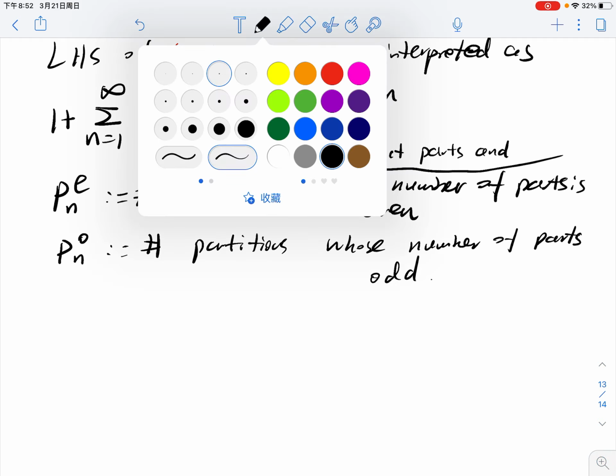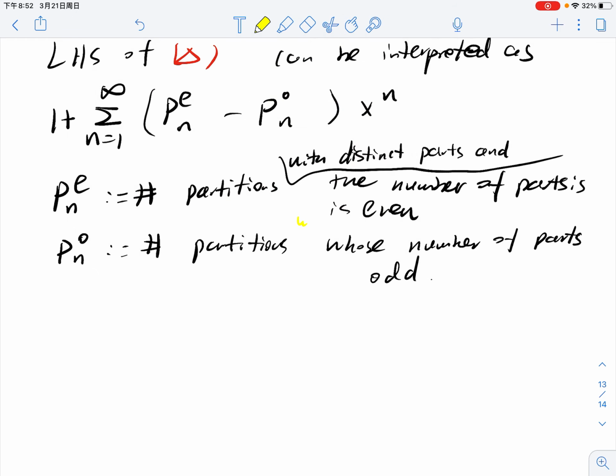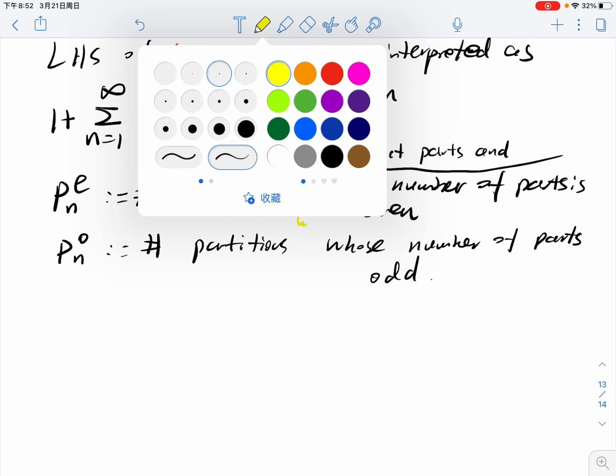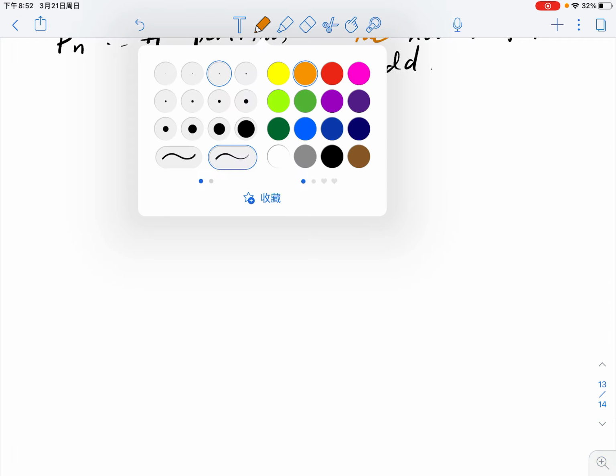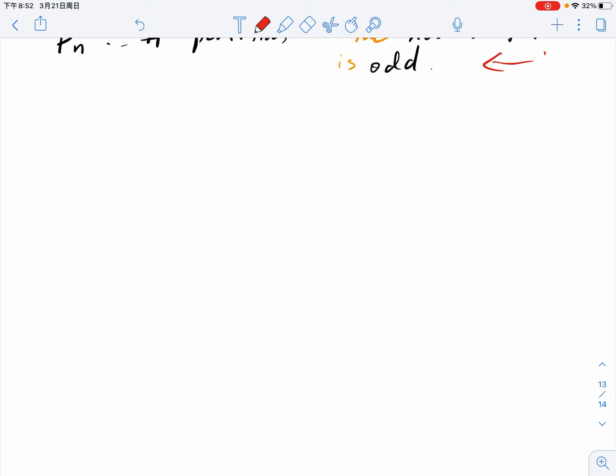And here, similarly, this is partitions with distinct parts, and the number of parts is odd. So I leave it to you to verify it.